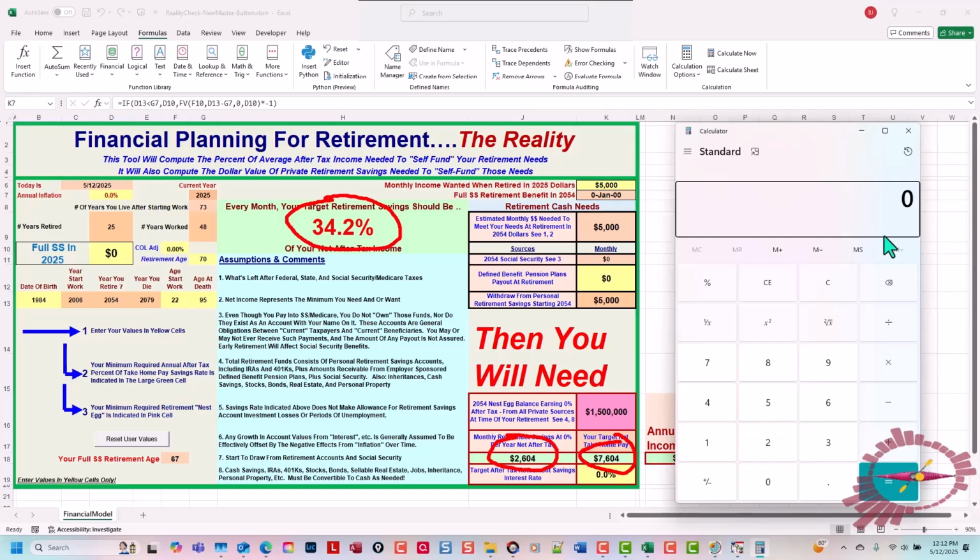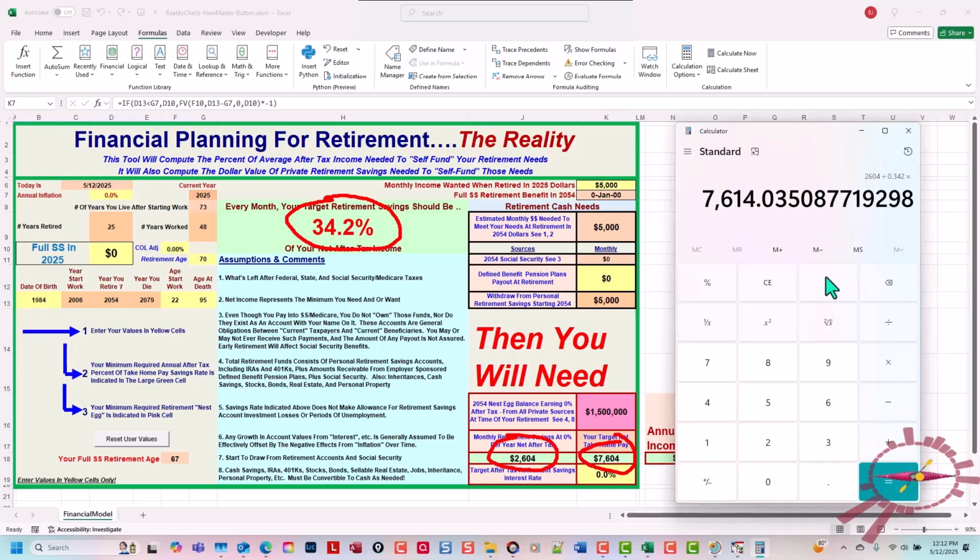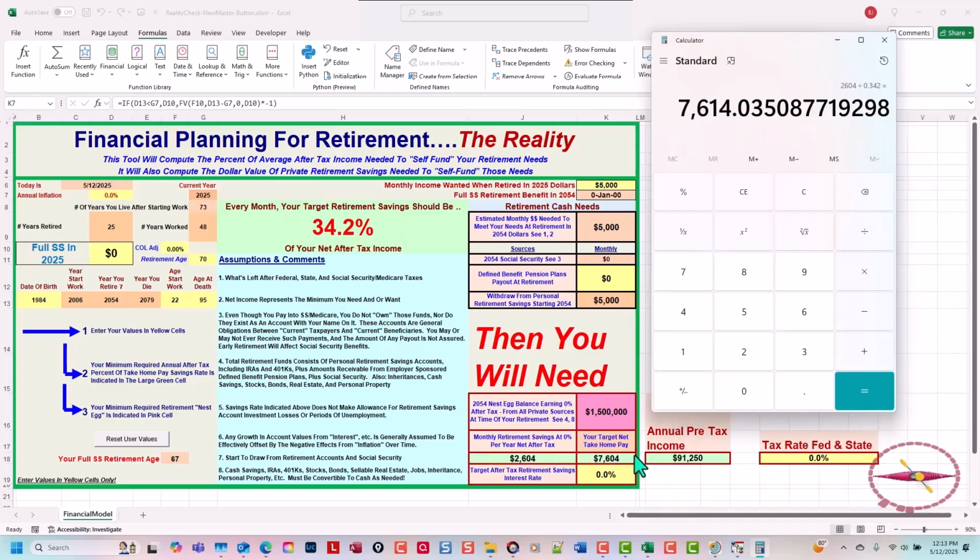Going back to the calculator, if we take $2,604 per month and divide it by our required saving rate, which is in decimals 0.342, enter key, we get $7,614. Again, the slight difference is due to rounding in the spreadsheet.